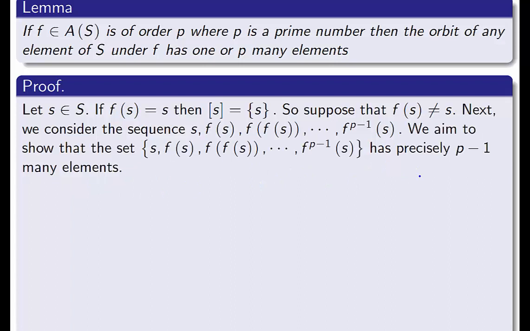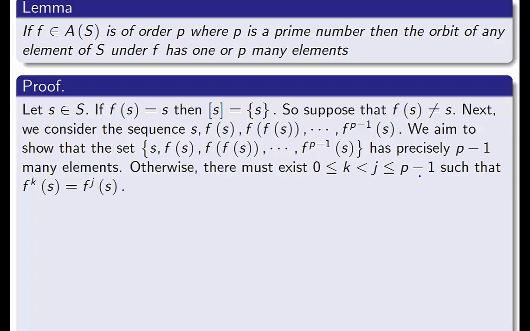And we aim to show that these elements here are precisely p distinct elements. So what does that mean? Suppose otherwise, then there must exist two integers k and j, where k is strictly less than j, and they're all between 0 and p minus 1, such that f^k of s is equal to f^j of s.